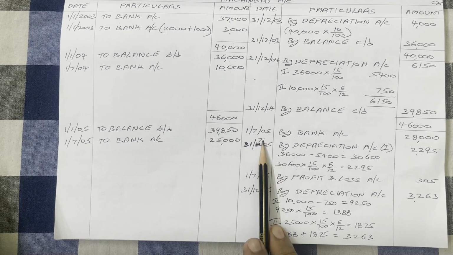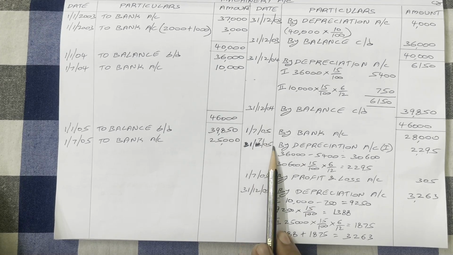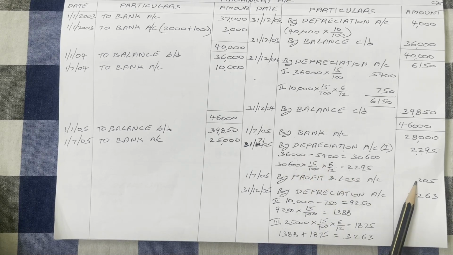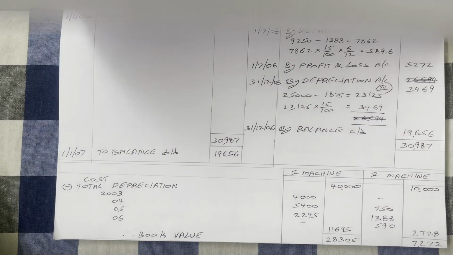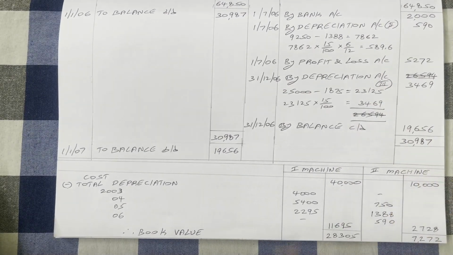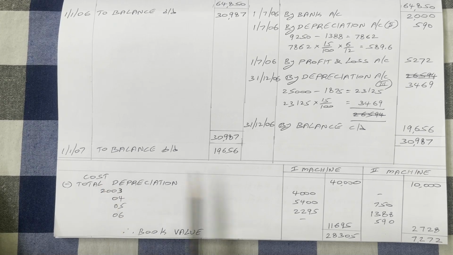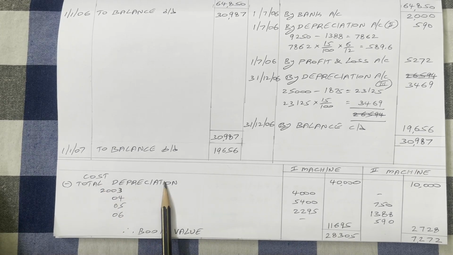And first asset is sold on 1st July 2005. In this sale we may get profit or loss, so that profit or loss we should calculate now. Calculation I have shown here. See, cost of first machine is 40,000 rupees minus total depreciation.